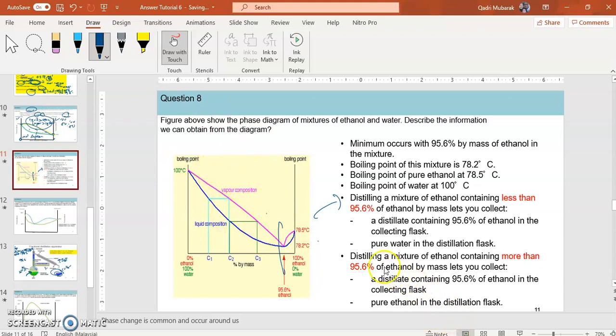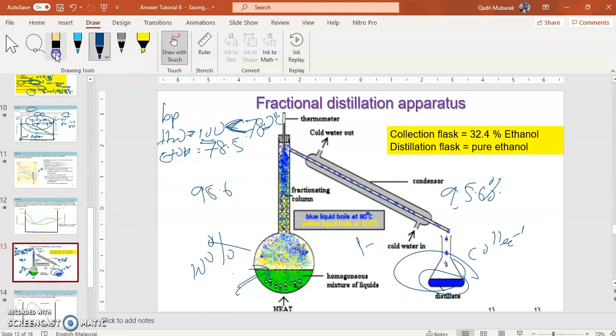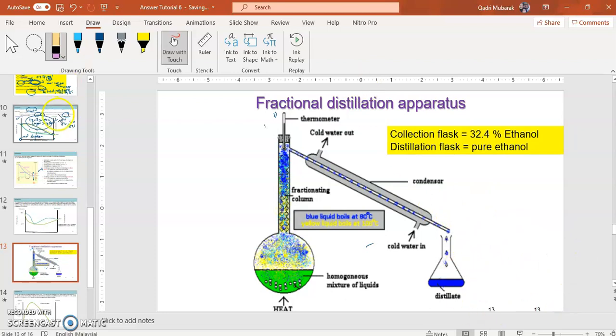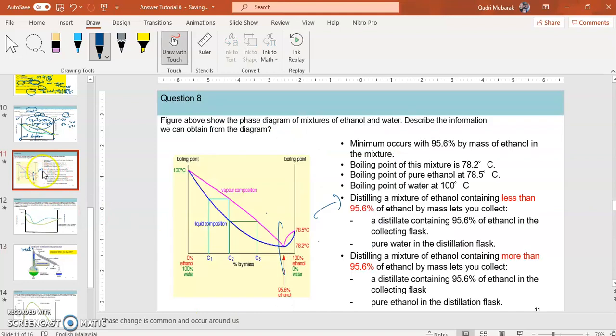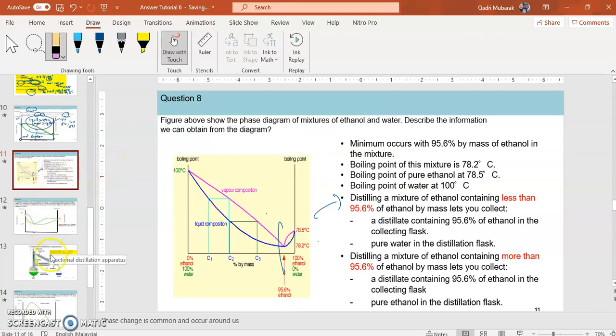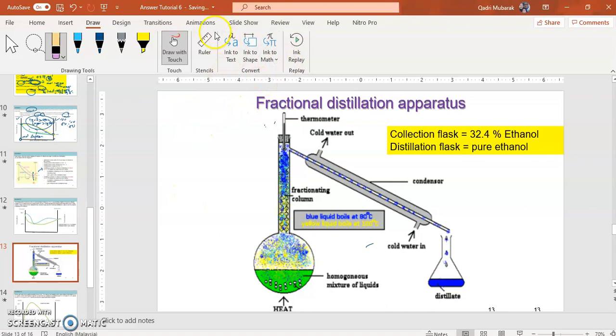So this is what is meant by the phase diagram. Let's say if we provide more heat, maybe more than 100, what will happen? Sorry, we give heat of 78.2 and above.